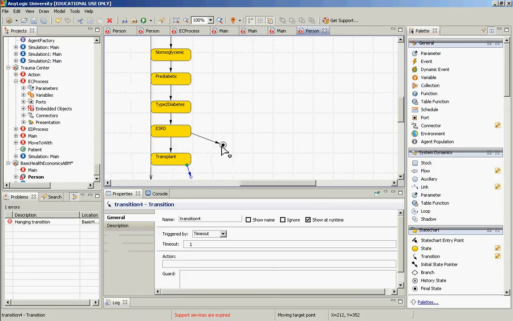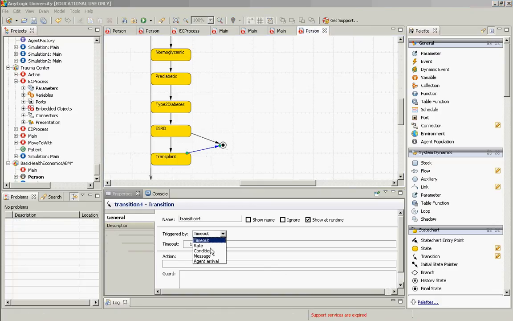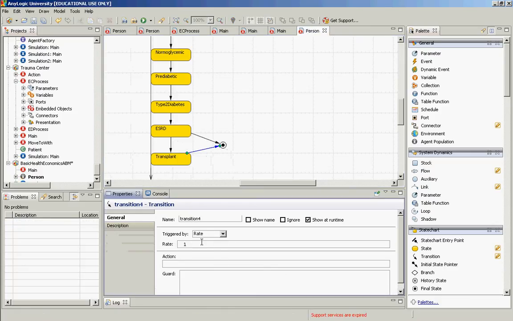So here we have a transition from transplant to death, which is much slower, and we'll give that a time constant which is much longer, a time constant associated with that of say 20 years.